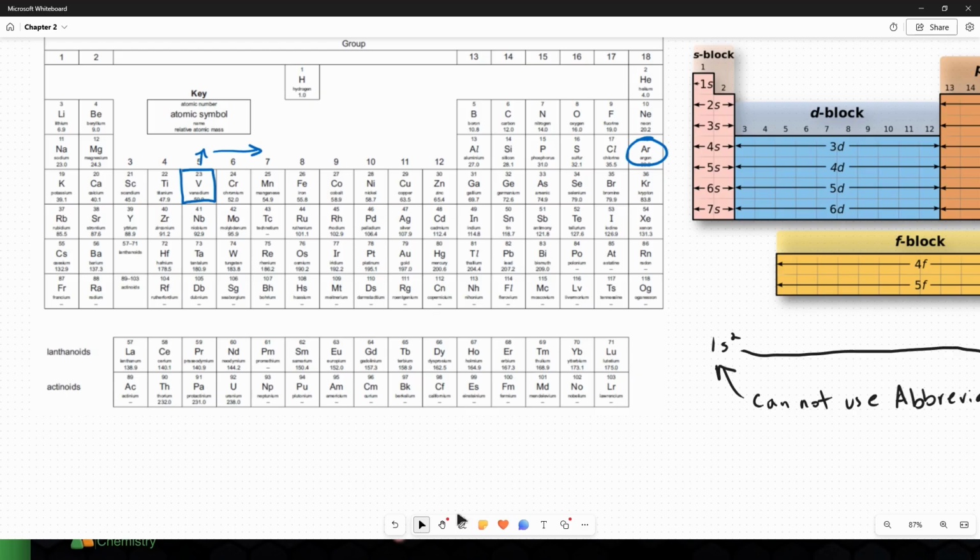So we look at chromium. Chromium is right next to vanadium. Chromium is right here. If we were to do our chromium electron configuration, we had 24 electrons.